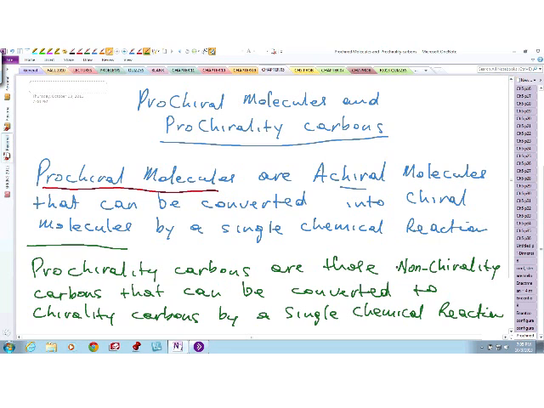Okay, so now let us give you an example of the prochirality molecule.